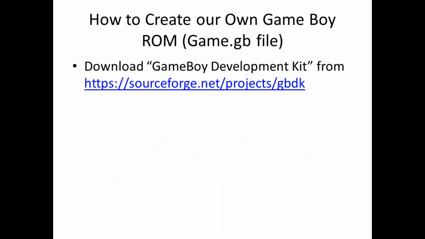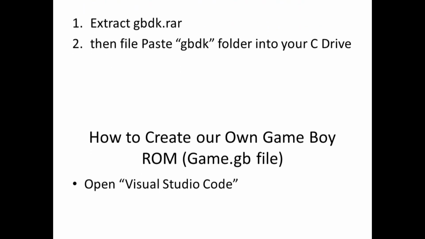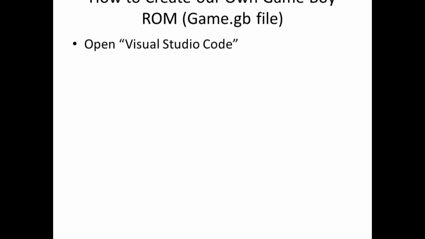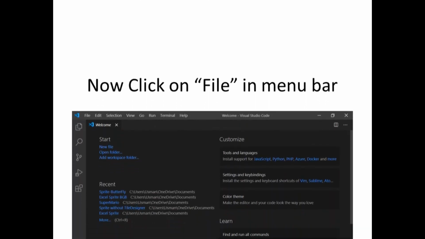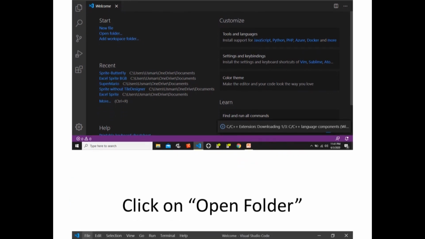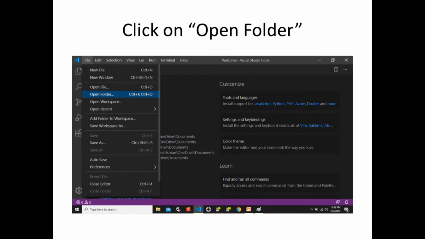You can download the Game Boy development kit from this link, extract the file and paste your Game Boy development kit folder in C drive. Now to write your code, open Visual Studio Code. After opening, click on File in the menu bar, then select the Open Folder option.